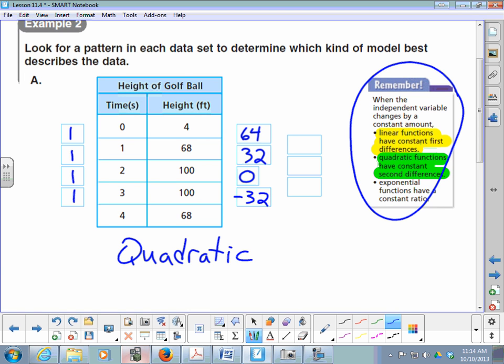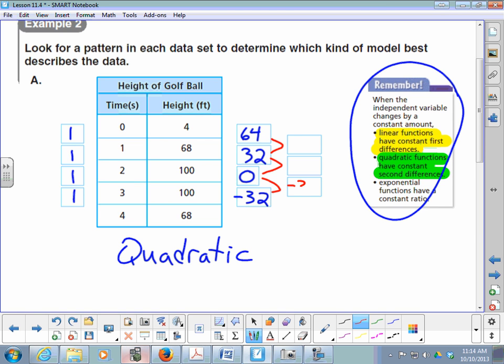Now, are those the same? If they were the same, what would it mean? That it's linear. If first differences are the same, it's linear. They're not the same, so I'm going to subtract again with these numbers. I'm going to put these together like this and subtract, working from the bottom. What's negative 32 minus 0?